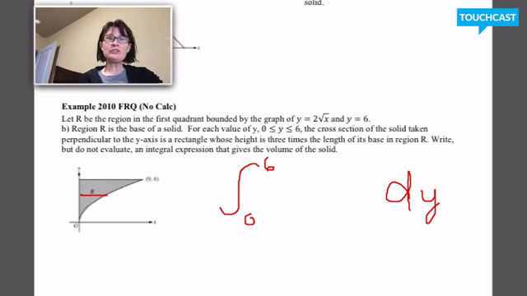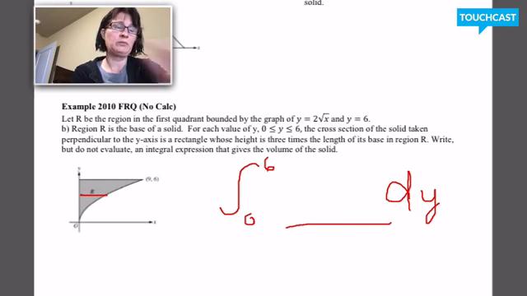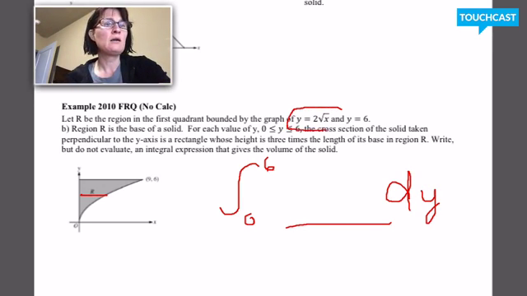And no matter what I do, I'm going to need my area function, which is going to go here in this big blank spot that I left. I'm going to need that to be a function of y. So my first step is going to be to take my boundary function and solve it for x. So y equals 2 square root of x.